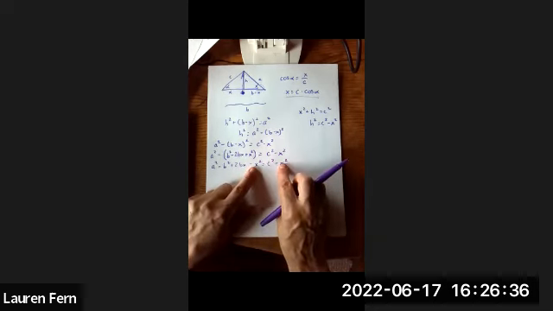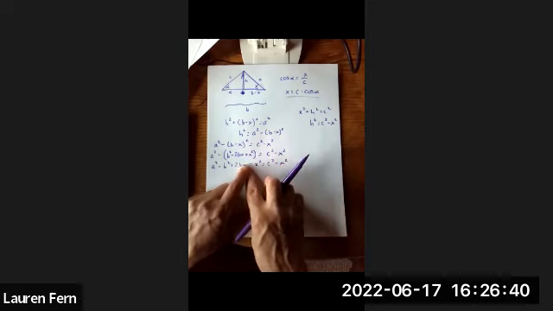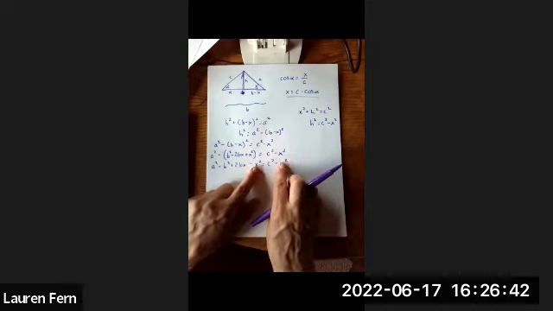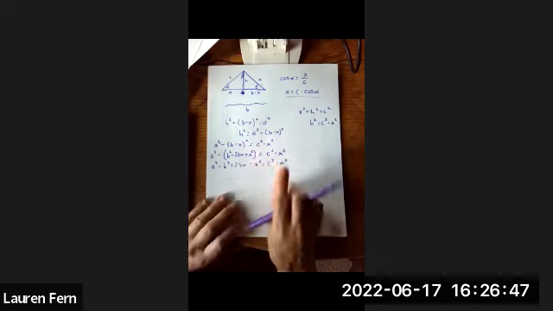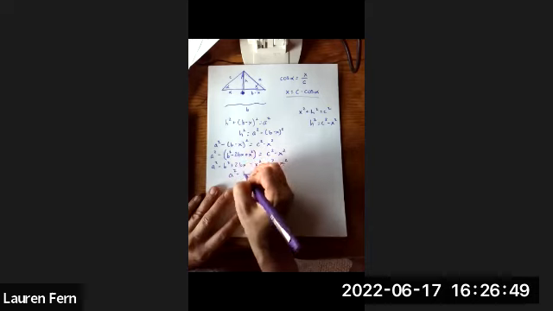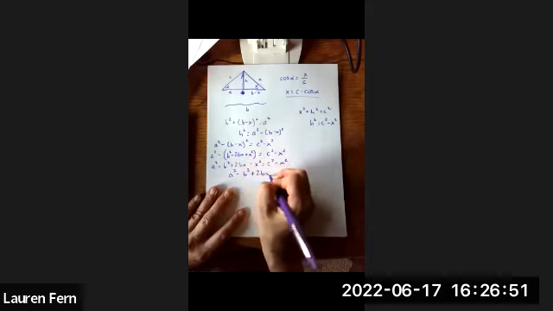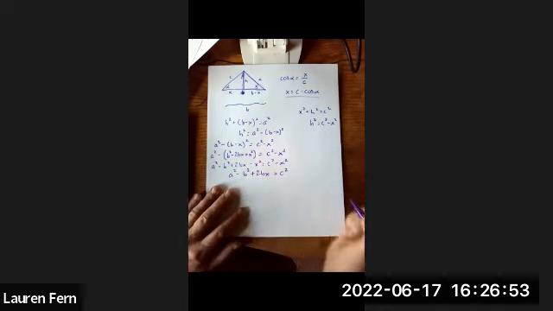Notice I have minus x squared on this side, minus x squared on this side. I could say, well, let's move this guy over. But if I add x squared to both sides, that's going to cancel. So I have a squared minus b squared plus 2bx is c squared.